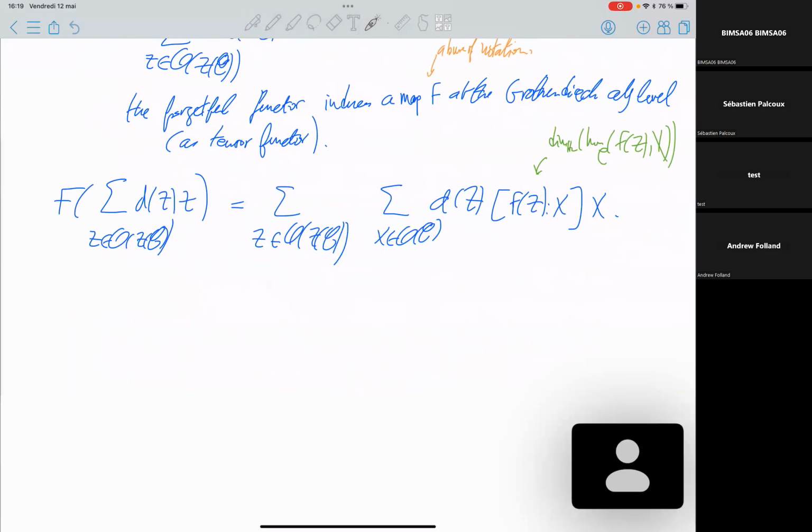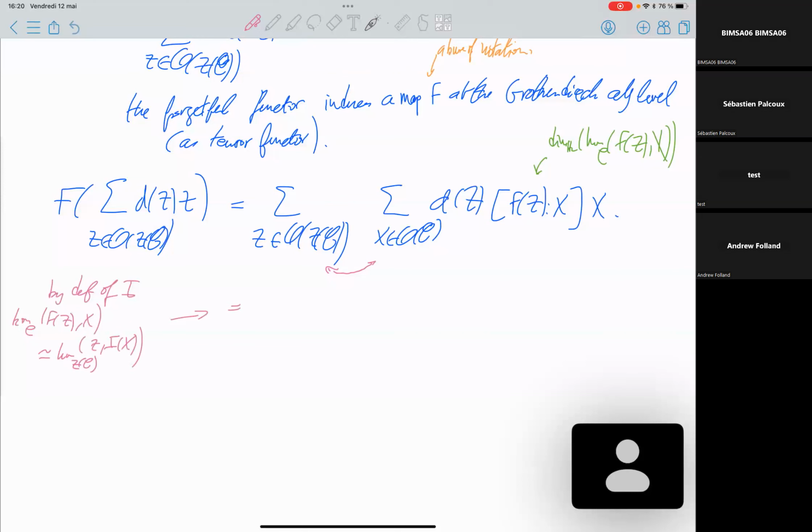Now we will use the adjoint of F. So this is equal, by definition, to the Hom from Z to I(X), where I is the adjoint from C to the center.